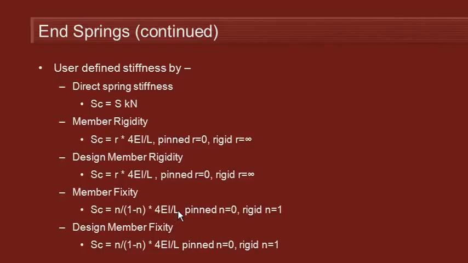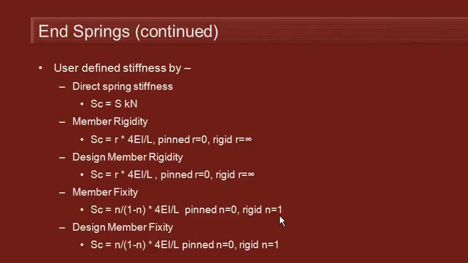And again, because of the L value, we have the option of using the member length or the design member length. But because of this formulation, the n over 1 minus n factor, you can see that when n is 0, we get a pinned release because the stiffness goes to 0. But to get an infinitely stiff or rigid end to the member, we just need to set n equal to 1. It gives us a 0 on the bottom, and so a rigid member is n equals 1.